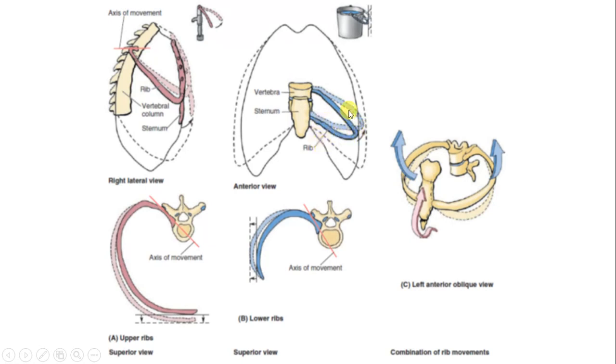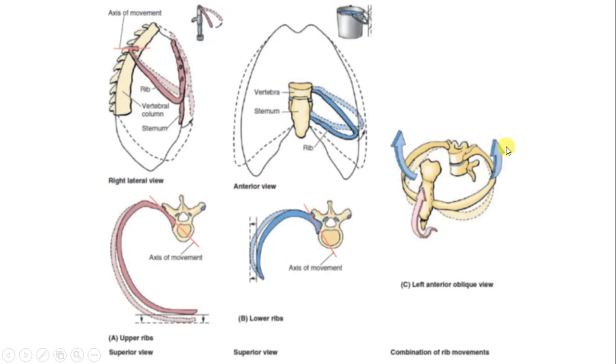So these movements, because they are occurring at the vertebrochondral ribs, so lower ribs, this is bucket handle movement, and this is causing an increase in the transverse diameter of the chest wall. Here in this diagram is shown the anteroposterior diameter changes of the chest wall, and here is shown the transverse diameter.